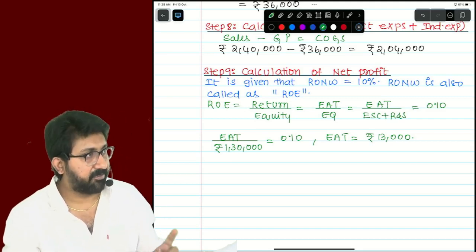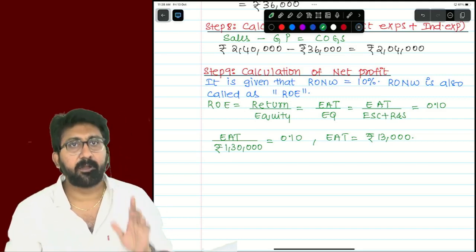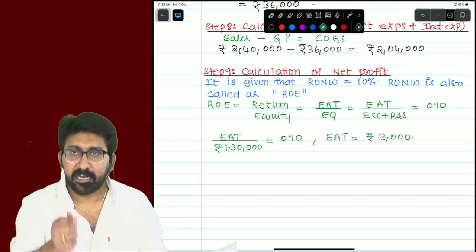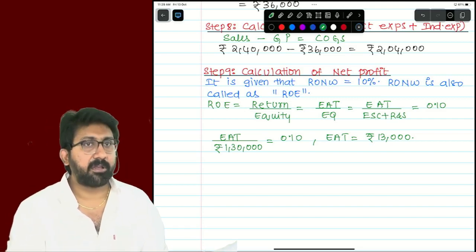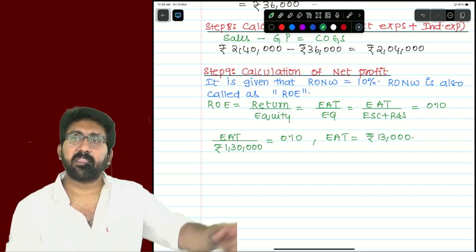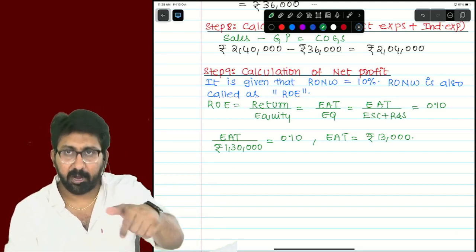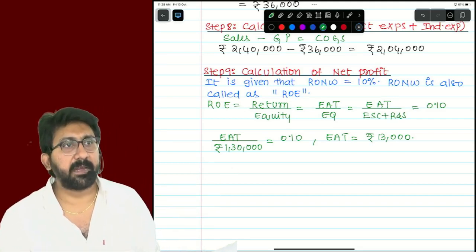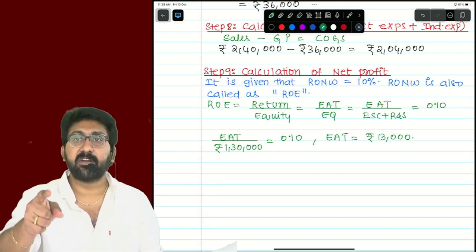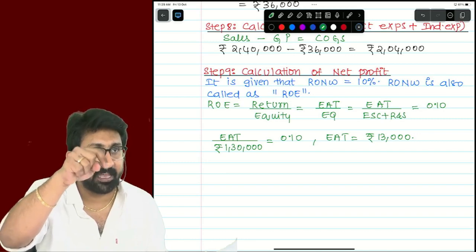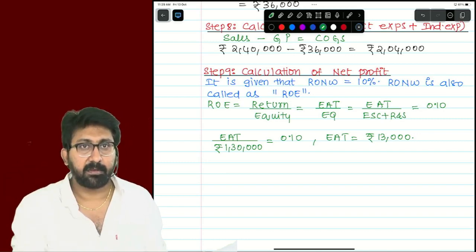But before going into that, one very important point you should remember. Debenture interest is there. Because debentures are not there in the previous year. Debentures are coming now. Debentures will have principal and interest payment every year. That interest is not there in the previous P&L but will be there in the current P&L. Correct?